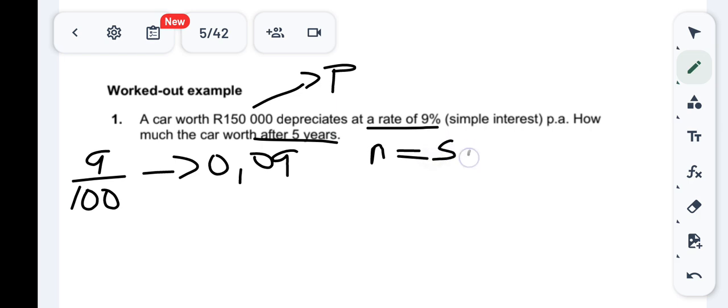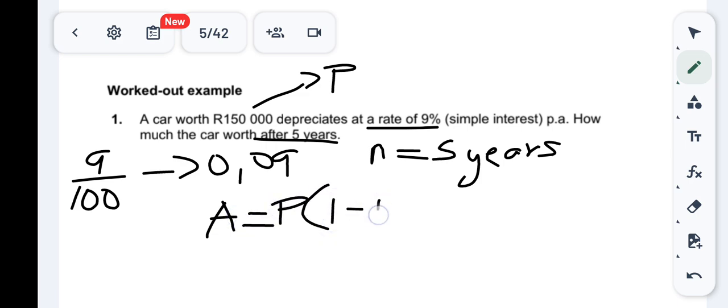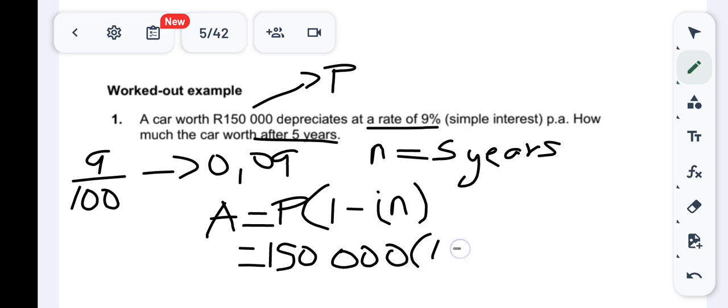According to the linear method, we said it is the same as simple interest, but instead of plus, we put minus. So this is the formula we are dealing with when calculating depreciation according to the straight line method. P is 150,000 into 1 minus i, your interest rate, which is 0.09, multiplied by your period, which is 5.